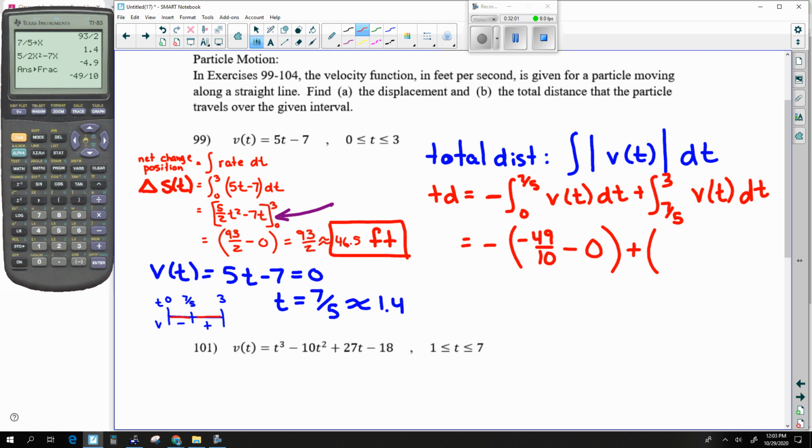Now I evaluate this at 3, minus the evaluation at 7 over 5, which again was negative 49 over 10.